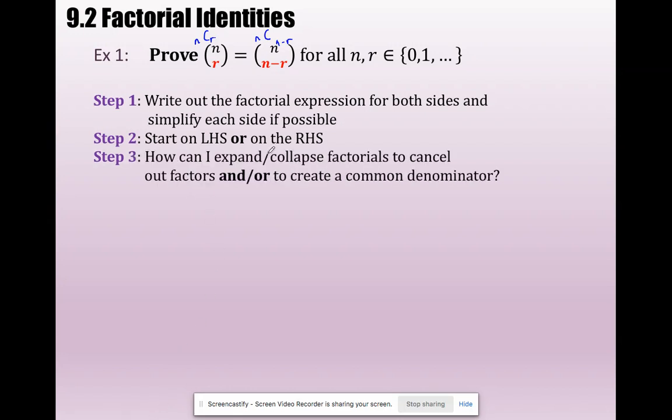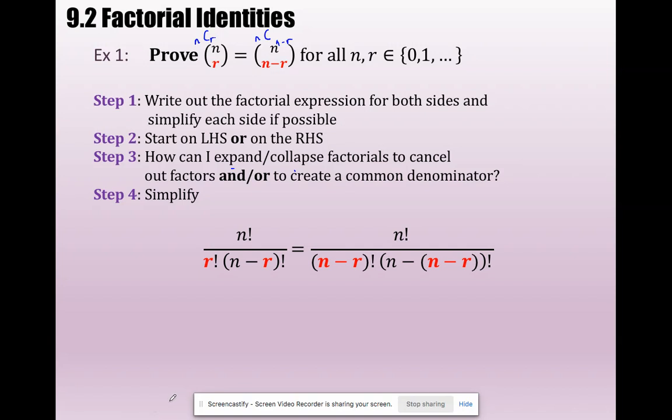And then you start thinking, how can I expand or collapse factorials? You're going to have fractions with these combination formulas, so can I cancel up and down? Can I get a common denominator and put things together? Right? There's going to be a lot of rewriting. Then simplify and match the other side.